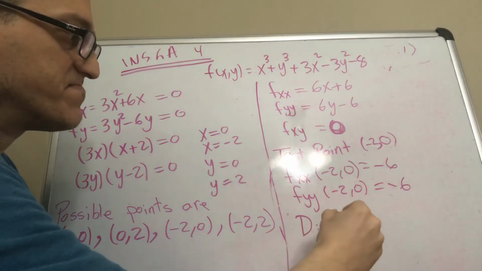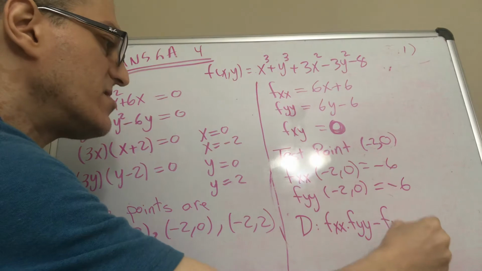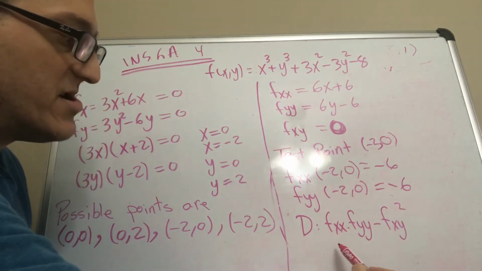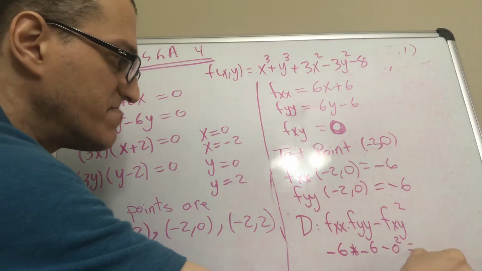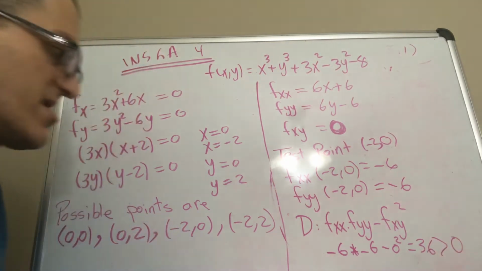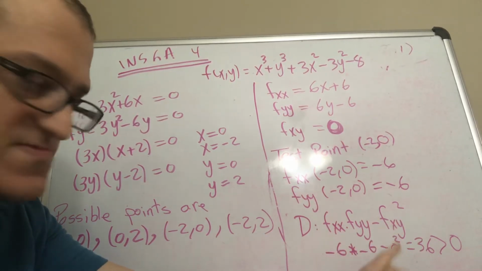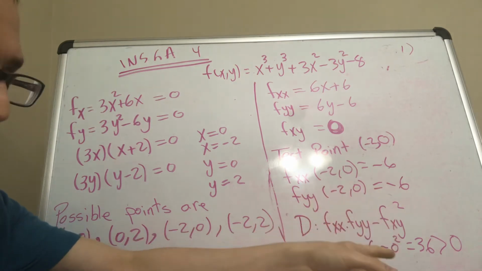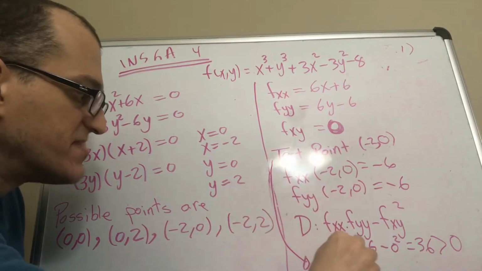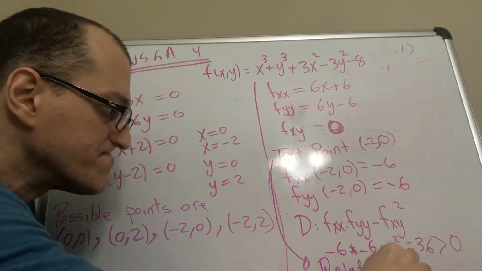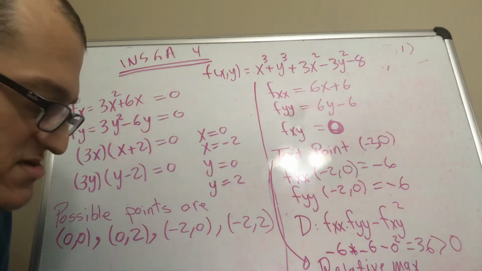And then we do the D: fxx, fyy, fxy squared. fxx would be negative 6 times 6 minus 0 squared. That's negative 36, under 0. Again, D negative, saddle point. D positive, you look, everything positive, relative min. But if D is positive and these two negative, then this point is a relative max. D positive and this negative, relative max.